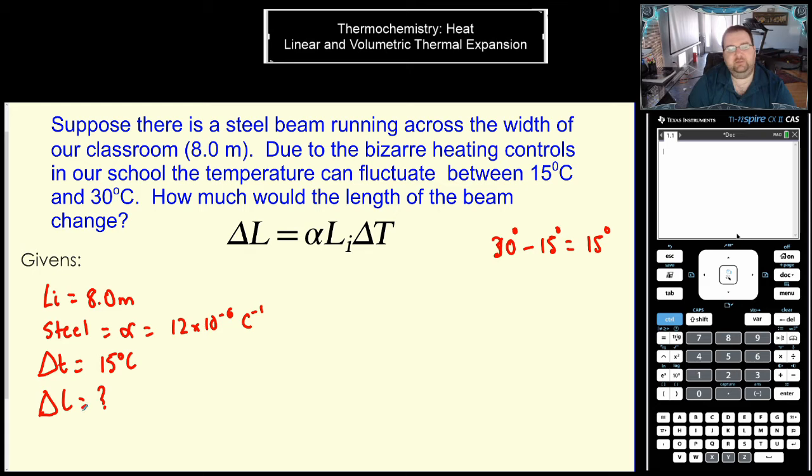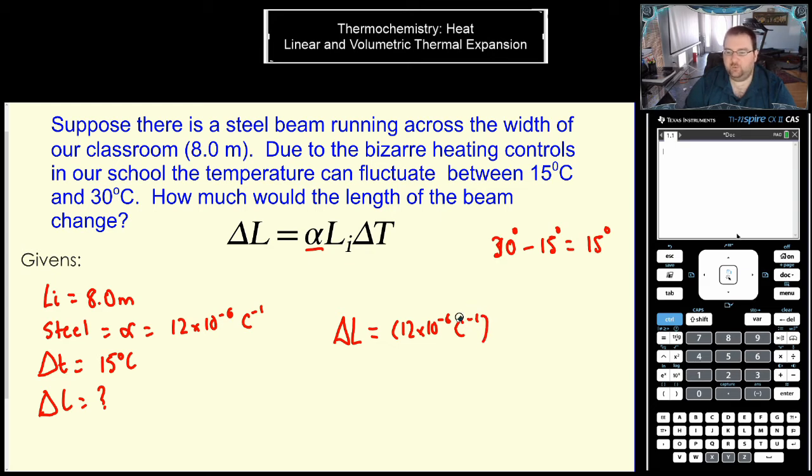And so I like to start with this. What am I given? What am I trying to find? And then it's as easy as plugging it in, right? We're solving for delta L. We don't know that. Alpha is 12 times 10 to the negative 6 Celsius to the negative 1.